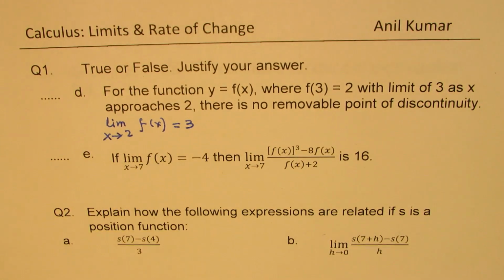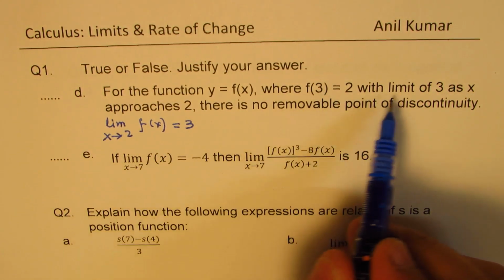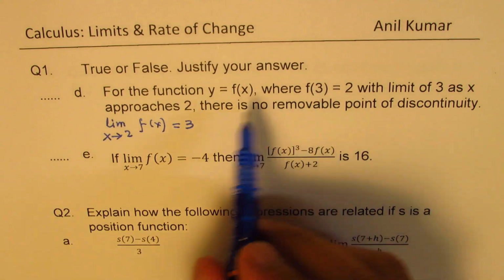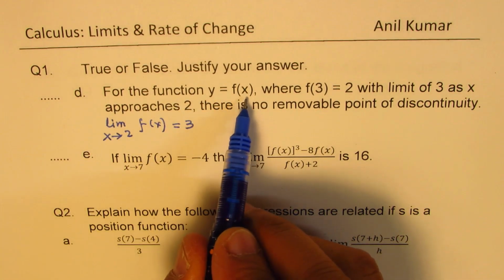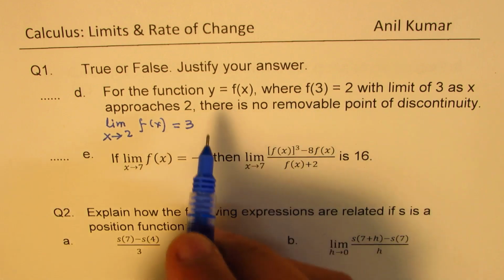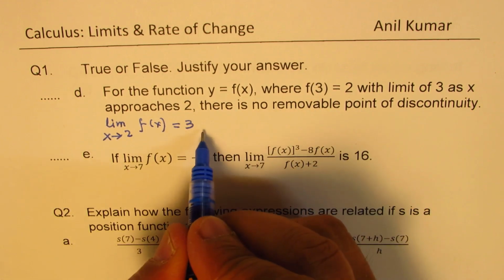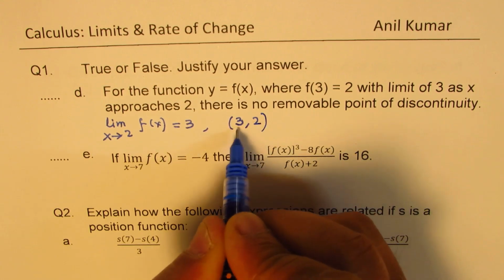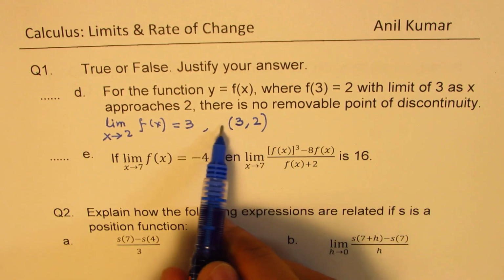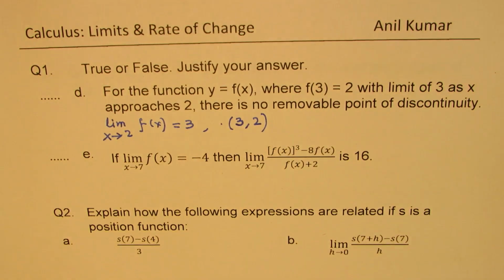This is what is given here. The second statement, this is the second statement. The very first one is, for the function y equals f of x, where f of 3 is 2, that means that at 3 the value is 2. Do you see that? It is not saying at 2 the value is 3. You get the idea, right?